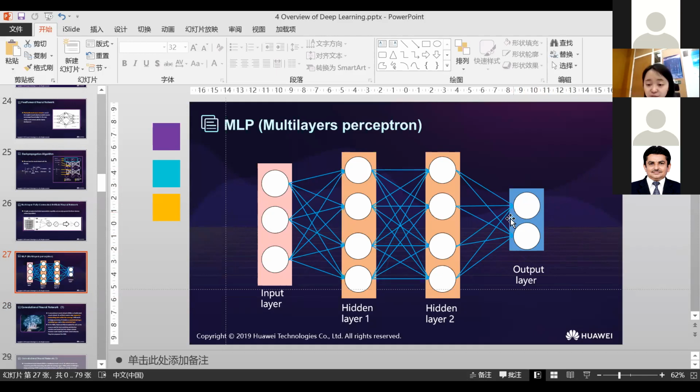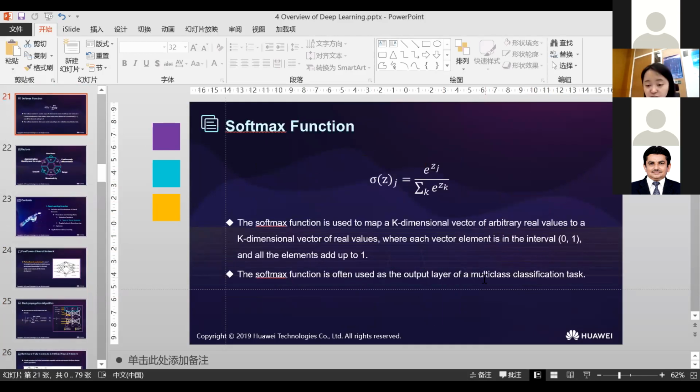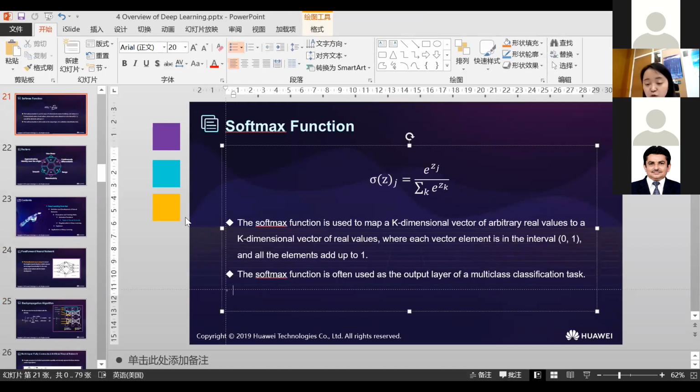But for example, if you want to solve a multi-class problem, like image classification, and in the training data set there are 1,000 classes in total, then there will be 1,000 neurons at the output layer.